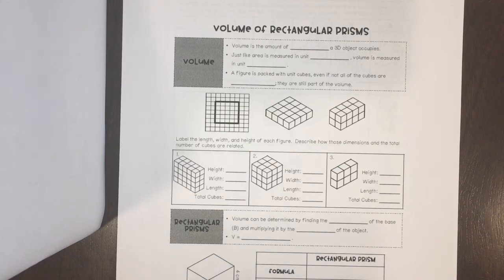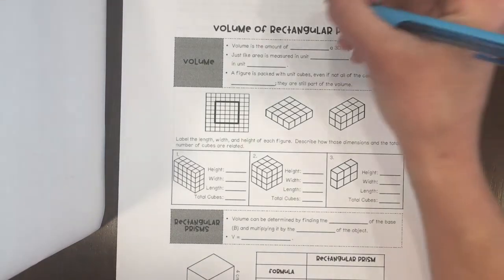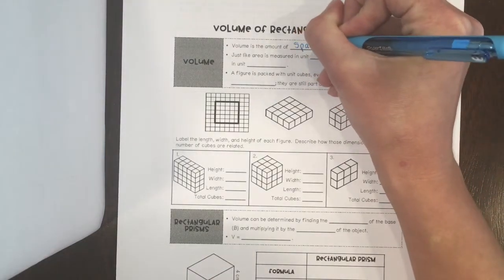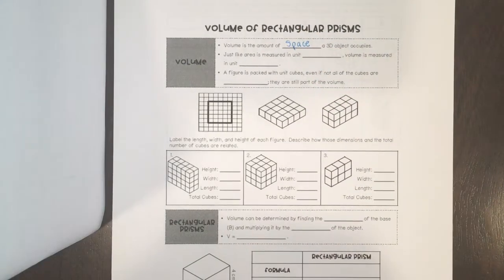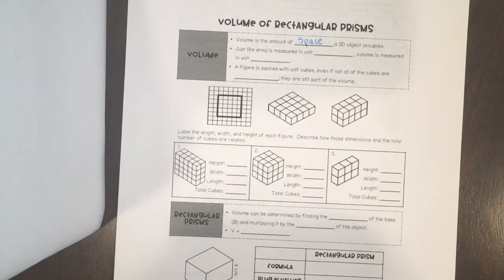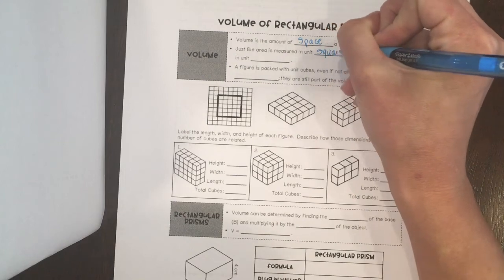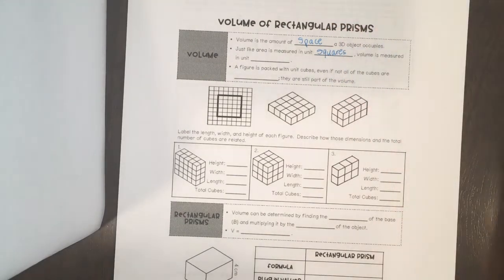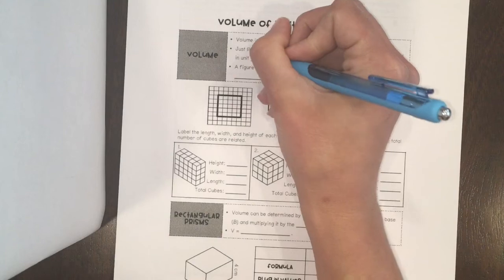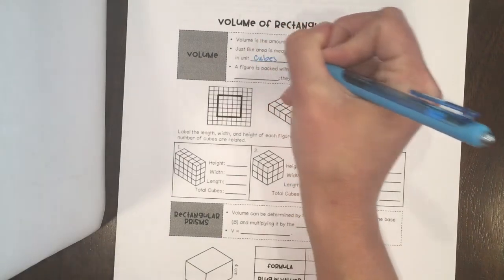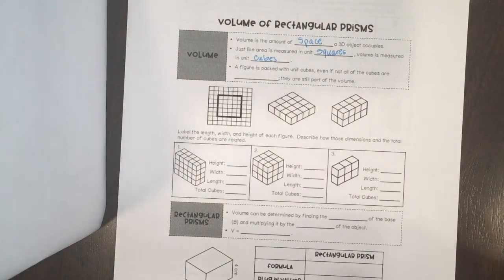So when we're talking volume, we are looking at the amount of space a 3D object occupies. Just like area is measured in unit squares, or square units, volume is measured in cubes. Because if you think about a 3D square, now you have a cube.